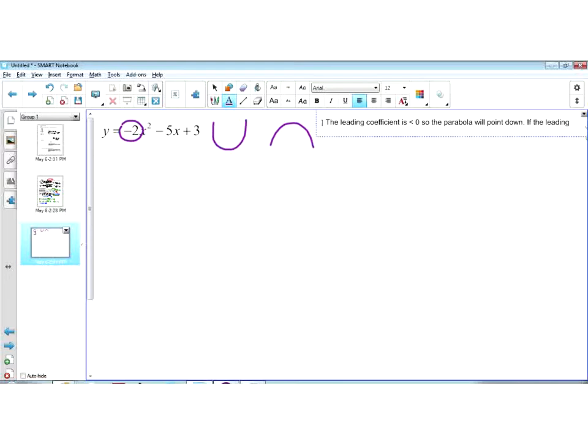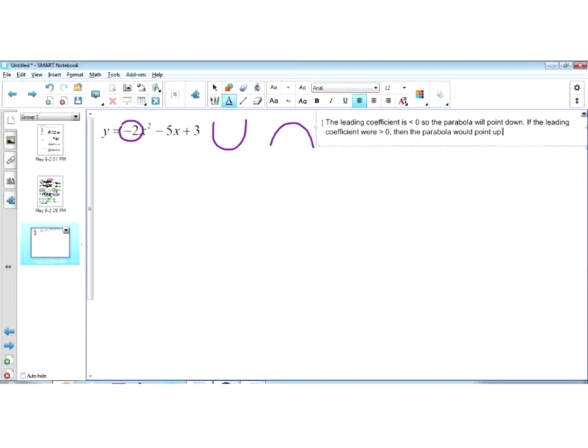If the leading coefficient were greater than 0, then the parabola would point up.